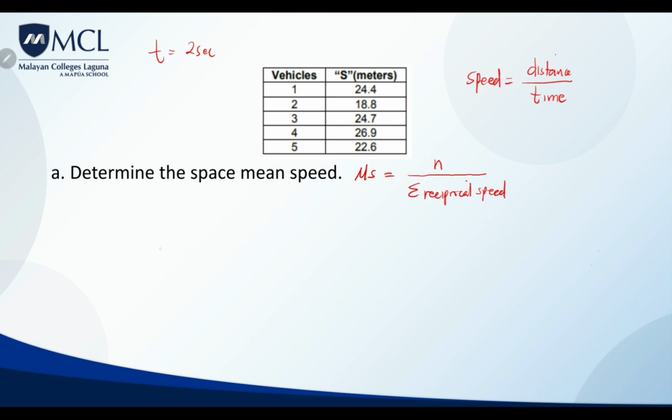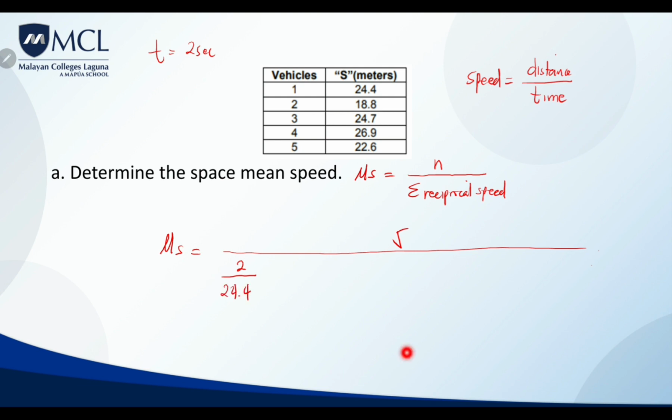Ayan, idiretso na natin, guys. So, we have the space mean speed is equal to number of vehicles. So, we have 5 vehicles all in all. And then, summation of the reciprocal of the speed. So, reciprocal of speed is time over distance. So, i-add lang natin yung time, 2 seconds for each vehicle, over yung distance na na-travel nun.